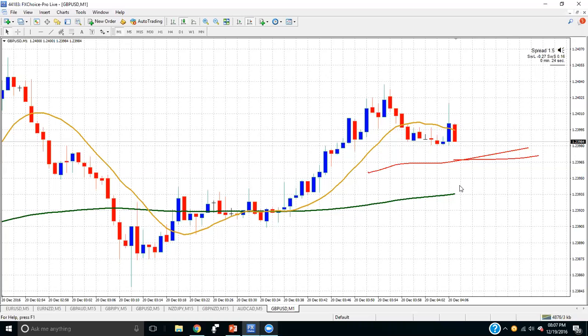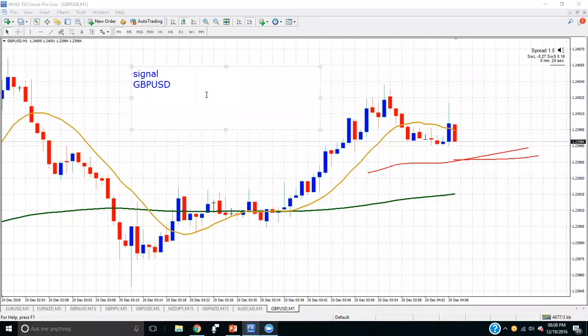Okay, if I can find a way to get a whiteboard or something where I can draw. Here we go. I like this so much better. So you'll get a signal and it might say GBPUSD.